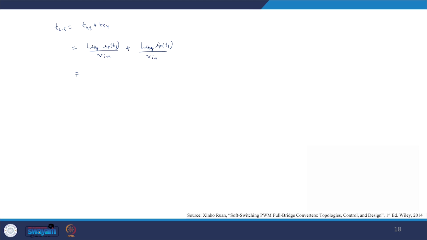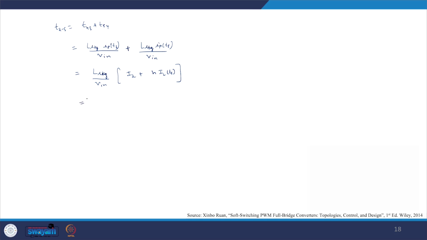And I know that my IP during T3 is nothing but I2. I can take L leakage by V in out. Here IP of T5 is nothing but N IL at T5.